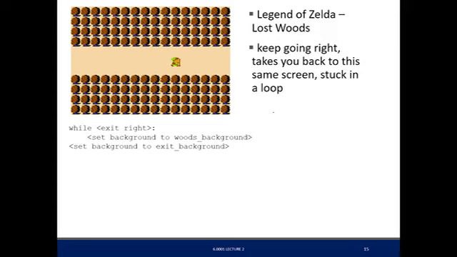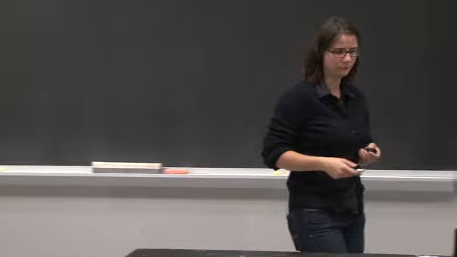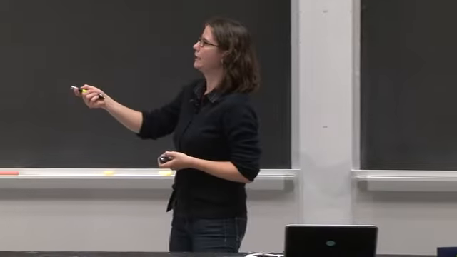As long as the condition is true, it's going to keep doing that little loop there. And as soon as the condition becomes false, it's going to stop doing the loop and do whatever is right after the while. Okay. So that's basically how a while loop works.